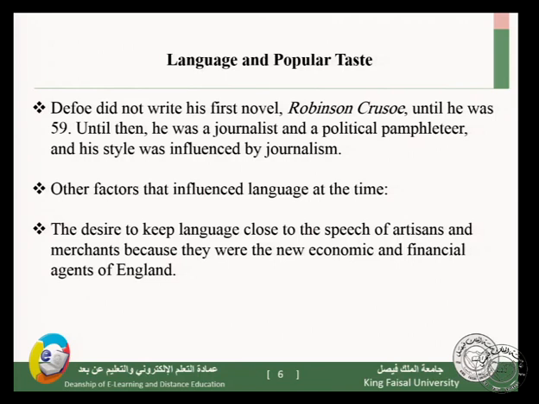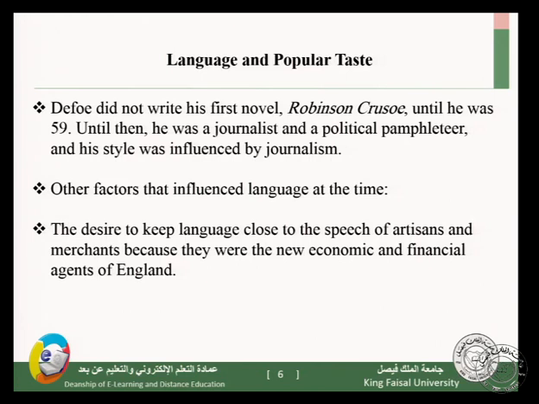It's now a language that has rules. It's a written language, but it's also accessible to average Englishmen and Englishwomen. So the fact that the first writers of the novel were journalists or political pamphleteers reflected on the development of the novel and on the development of the English language.